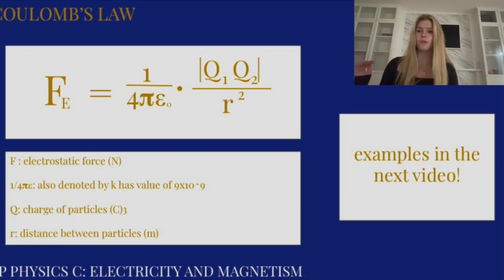And that's all over r squared, which is the distance between the two objects, or the distance between the particles. Obviously, we know force is in newtons. This 1/(4πε0) is just a value. Q is in coulombs, and distance is always in meters. So be careful in problems when they're telling you different units to make sure you use the right one.